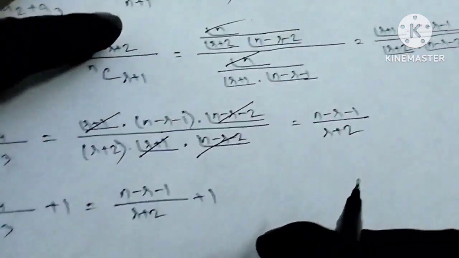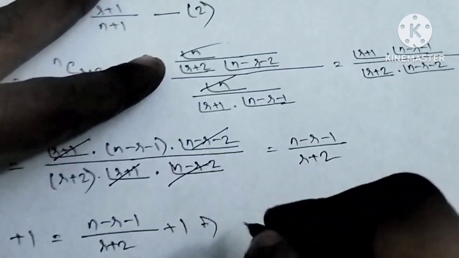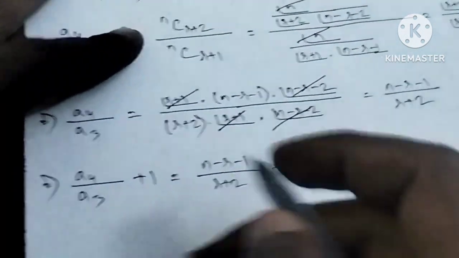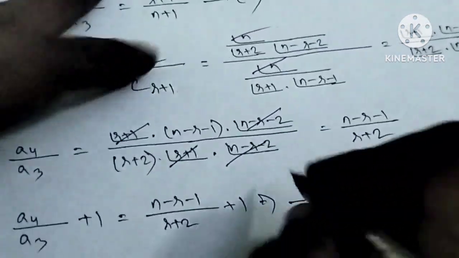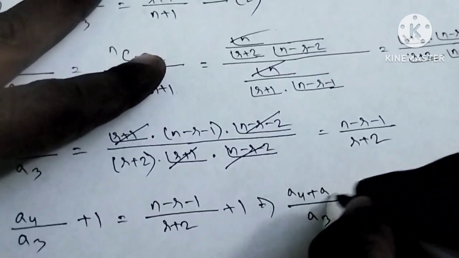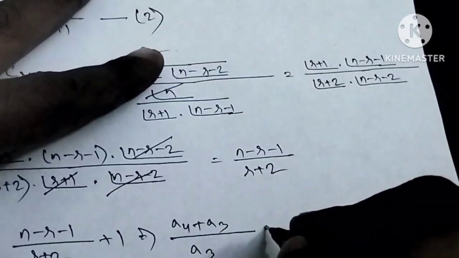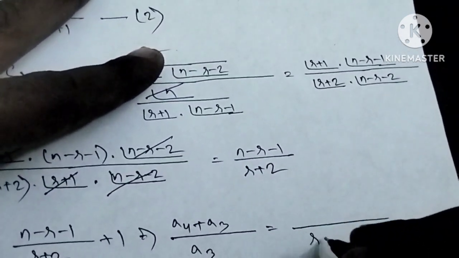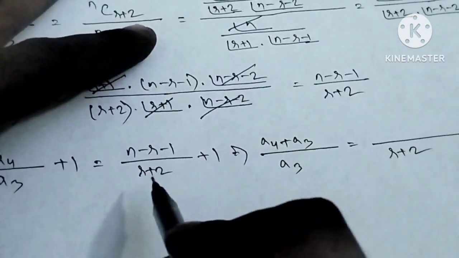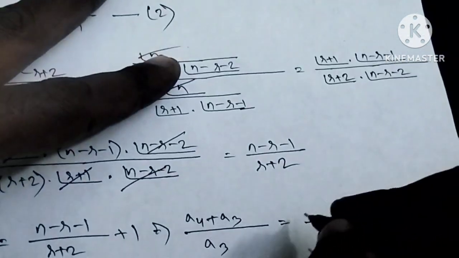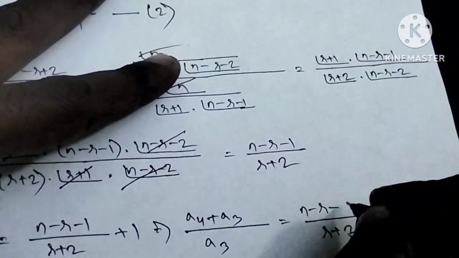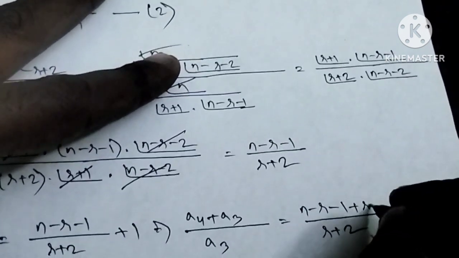Okay, so what it will be? a3 is the LCM, (a4+a3), and is equal to (r+2) is the LCM, so (n-r-1+r+2).